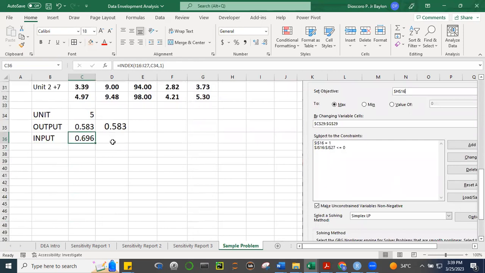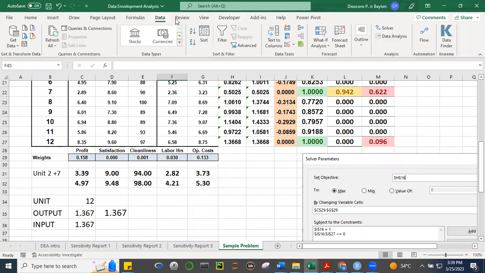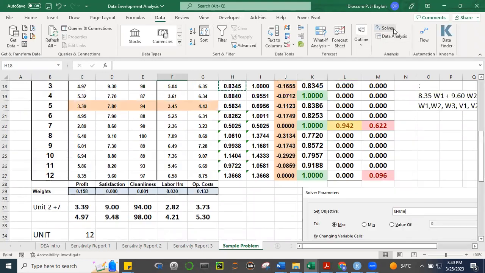So let's see, if it's 0.696, number 5, 0.696. So if I change this to number 12, then it will fetch the outputs and the inputs for row number 12, 1367, 1367. So what's the advantage here? The advantage here is that in your solver, you will not keep on changing your objective function and your constraint. So let me illustrate that. Data, and then solver.